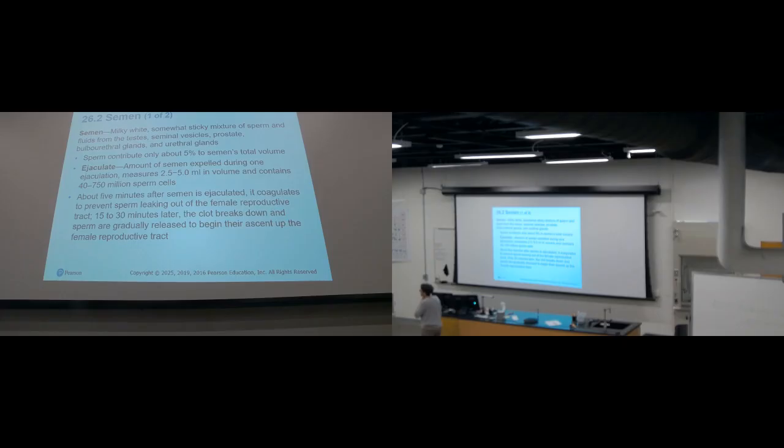About 5 minutes after the semen is ejaculated, it will coagulate to prevent sperm cells from leaking out of the female reproductive system. But 15 to 30 minutes later, with this PSA, the clot will break down, and then the sperm cells will gradually start going up the reproductive tract.